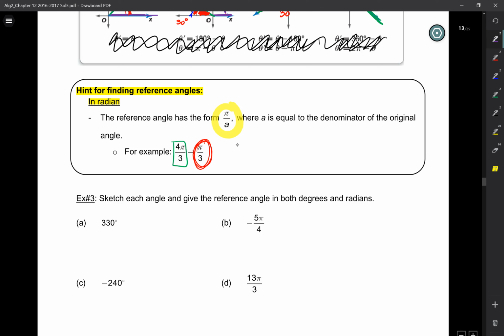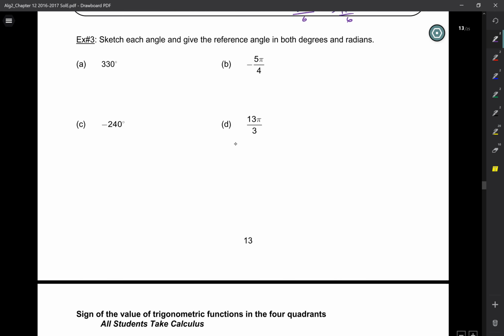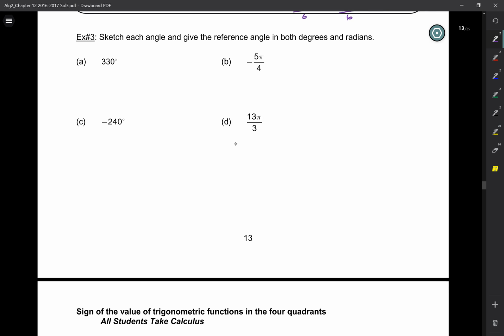So for example, what if the angle is 4 pi over 7? What would the reference angle be? Pi over 7. If it was like 5 pi over 6, what would the reference angle be? Pi over 6. Okay, it's as simple as that. All right, so let's do a couple of these.